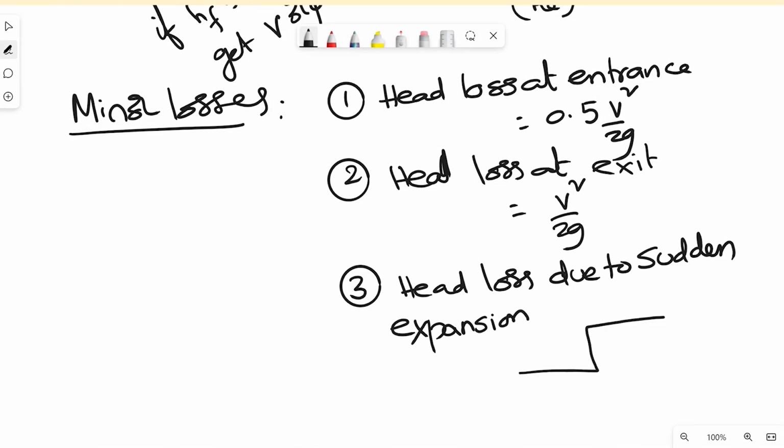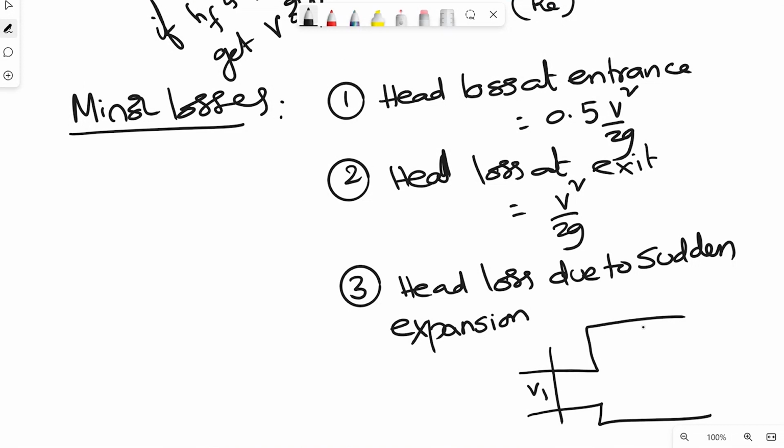If you take this, you should immediately be able to draw it. Here it is V1, here it is V2. Then the loss is V1 minus V2 whole squared by 2g.